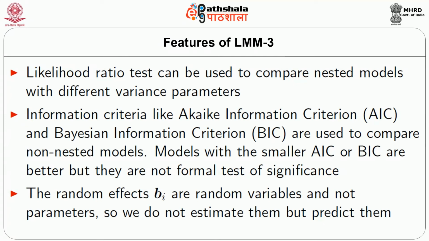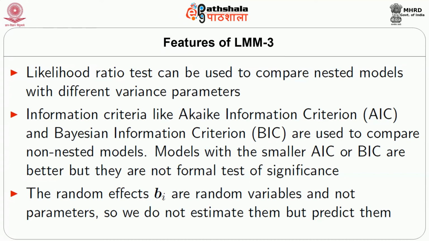In the next session, we will see an example of this when we are practically fitting a linear mixed model in R. But in situations like that, we can use model comparison criteria like the Akaike information criterion or the Bayesian information criterion and compare non-nested models.